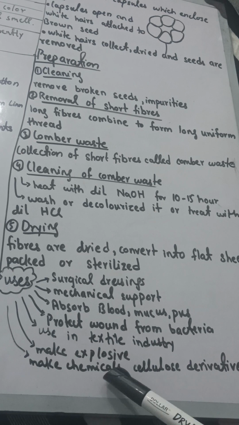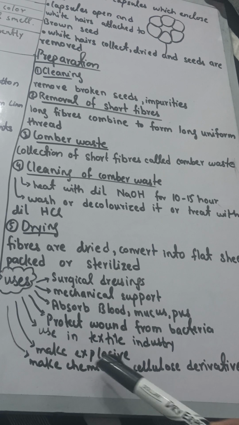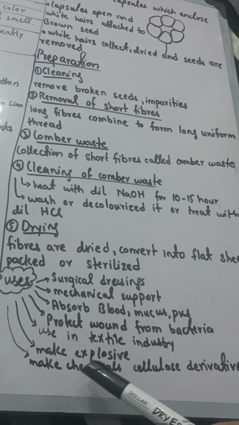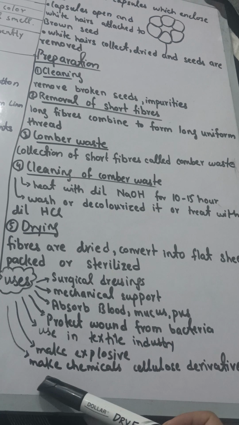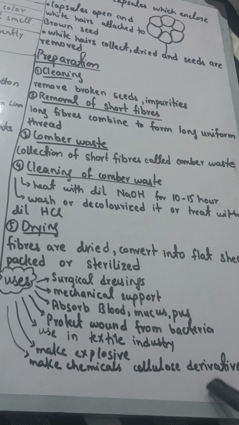It is also used in the preparation of explosives, because its chemical composition, like cellulose, hemicellulose, lignin, and pectin, is used in the preparation of explosives. Then it is also used to make various chemicals which are cellulose derivatives. So these were all about the uses of cotton.